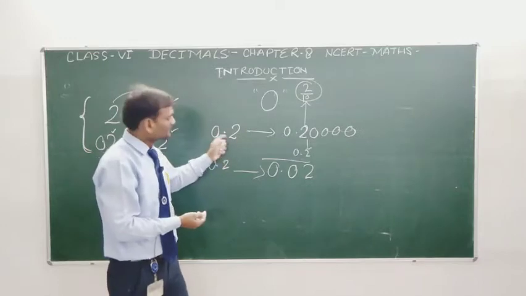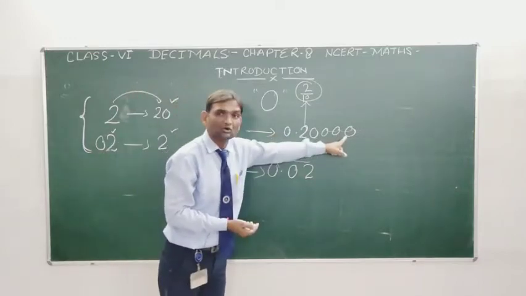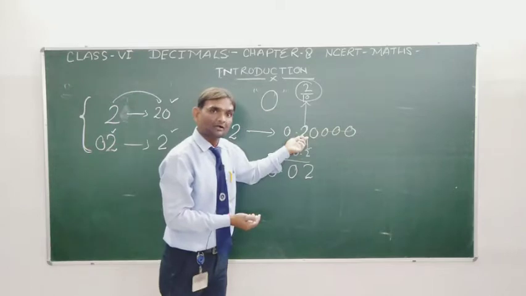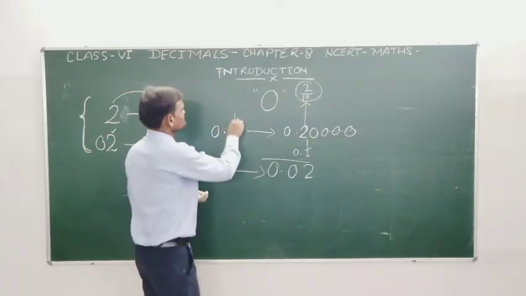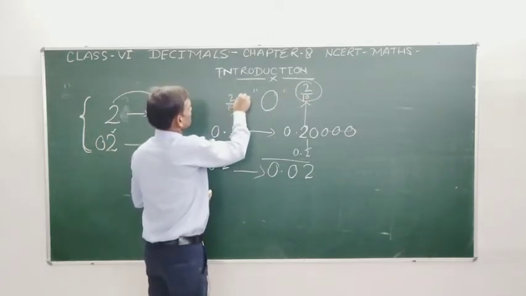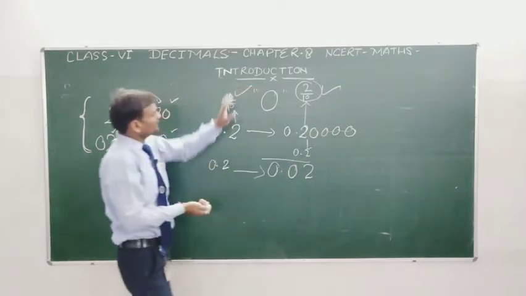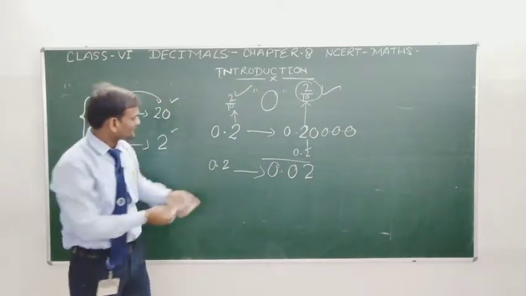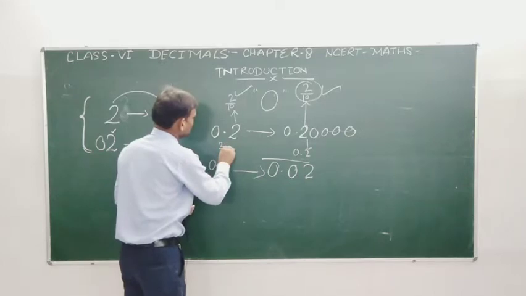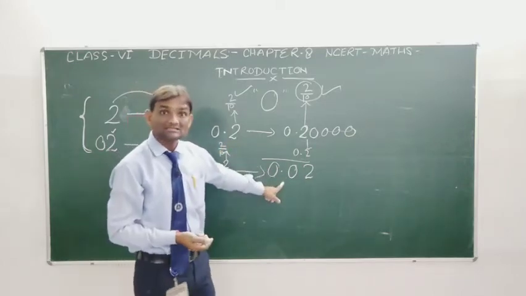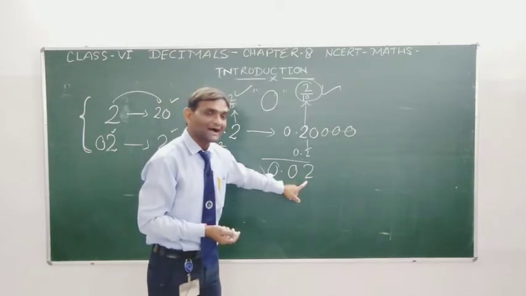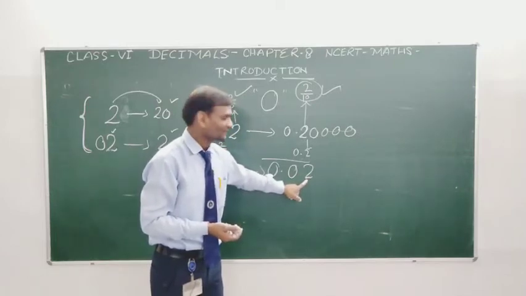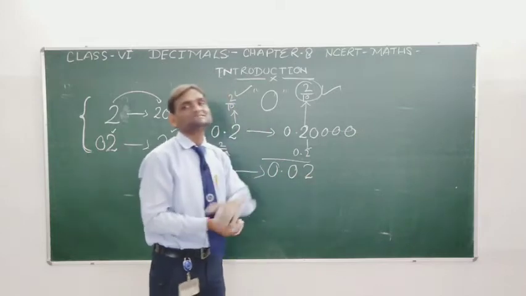But here, if we increase the zero after the fractional part, then the value is not changed. This is 2 tenths also. See, what is the value of both? 2 tenths. But here you are seeing, this 2 has come to the hundredths place.